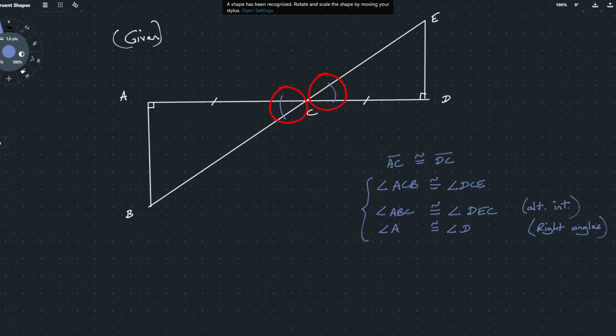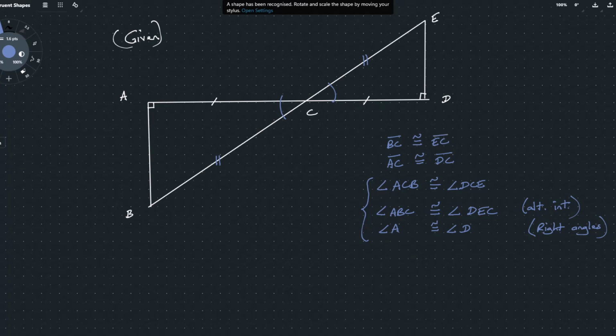This angle is the same. This side is the same as this side is, which means these two have to be the same. Probably this would still be given in the next couple sections. That's something that's going to come up. Line segment BC is going to be congruent to line segment EC.